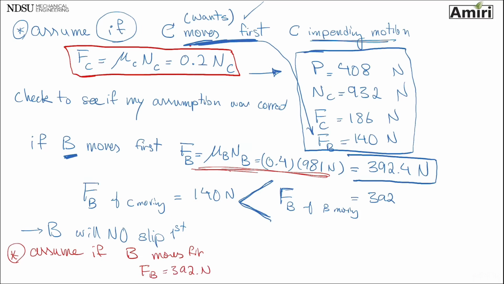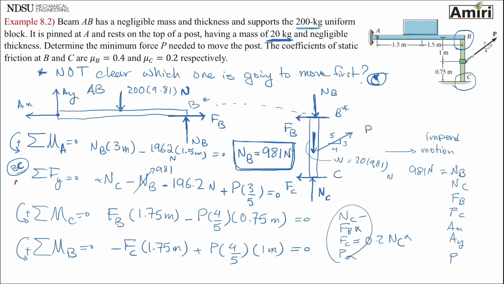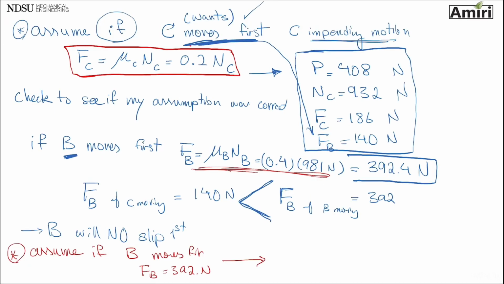Go back and put them in these three equations that I had. For that, you're going to get a set of answers too, FC and FB. But I promise you, if you do that, your P is going to be much larger. I can't guess how much, but let's say 1,000 newtons.